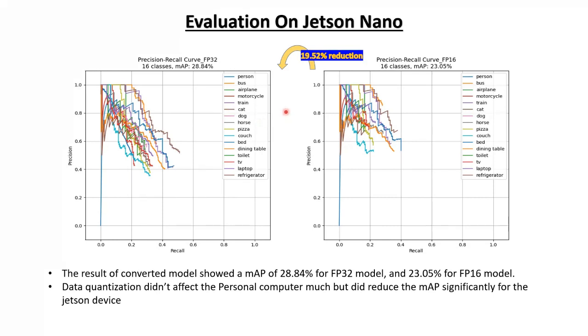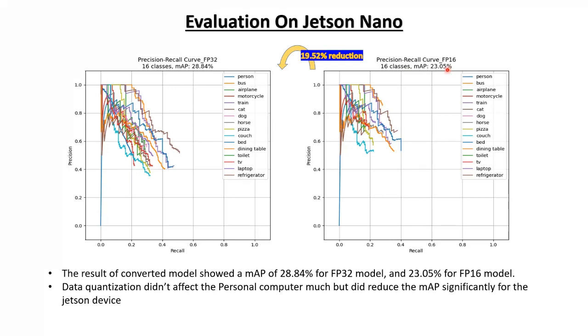Now, as we can see, though the personal computer was not affected by this floating point conversion, for Jetson Nano it gave a huge change. As you can see, for the 32-bit value it gave 28.84, which was pretty close to the 32-bit mAP for the personal PC, but for the 16-bit value the mAP has dropped from 28.84 to 23.05.